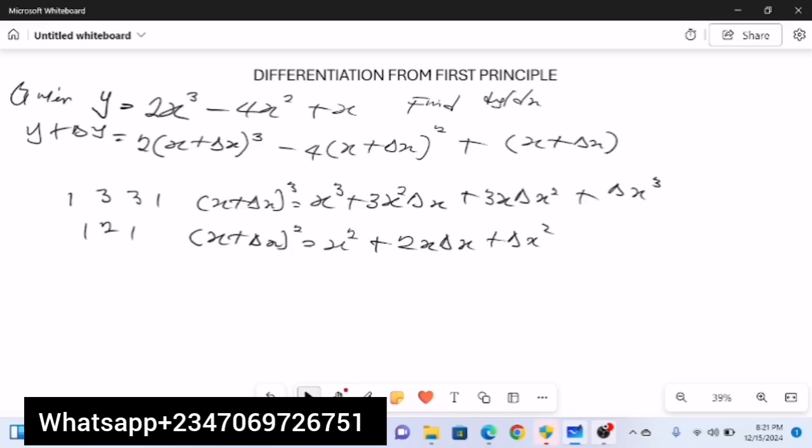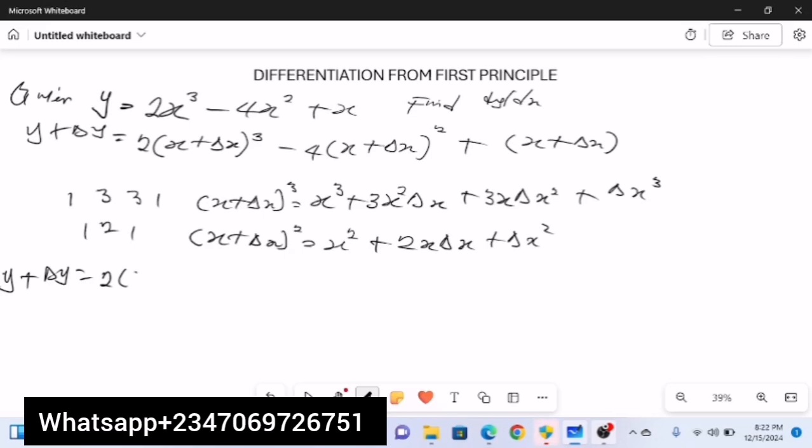So let's plug all these values into the equation above for y. So that means I'm going to have y plus change in y to be equal to 2 times, in place of x plus change in x to the power of 3, we are simply going to have what?